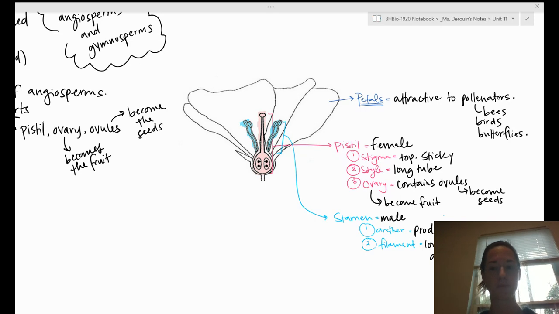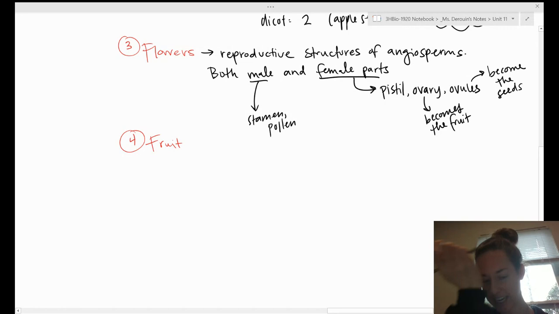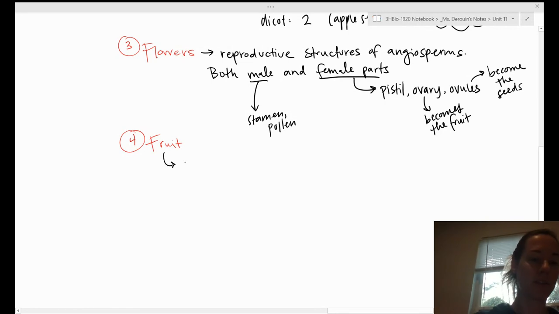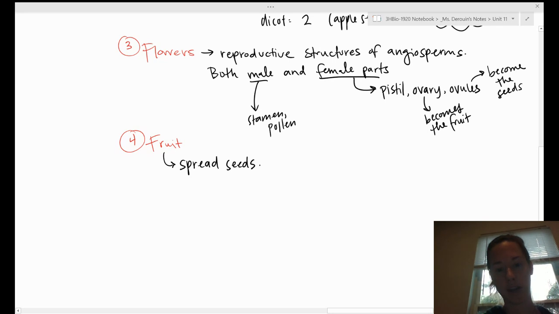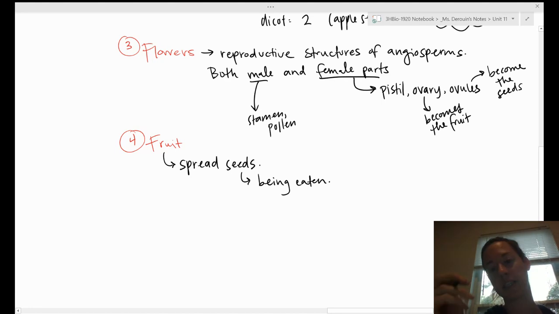So that's flowers. The last structure we're going to talk about today is fruit, which we kind of already did. The purpose of the fruit is to spread the seeds. There are many different ways it could do that. It could be eaten, because the seeds will have a hard outer shell, they won't be digested.